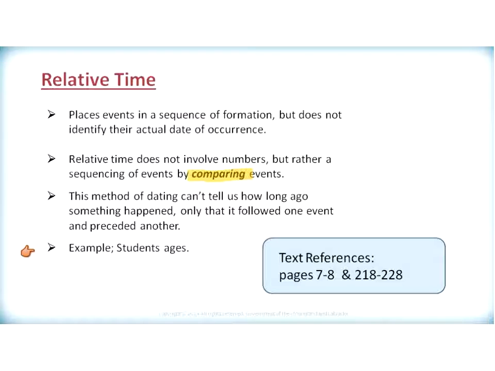Therefore, you chronologically place students in an order from youngest to oldest based on their level, assuming that they're in the age category as appropriate to each level. If you want to look for information in the textbook, text references can be seen on pages 7-8 in the textbook and also on pages 218 to 228 in your textbook.